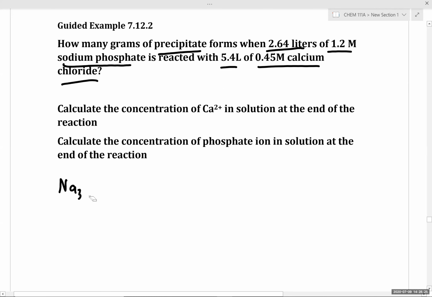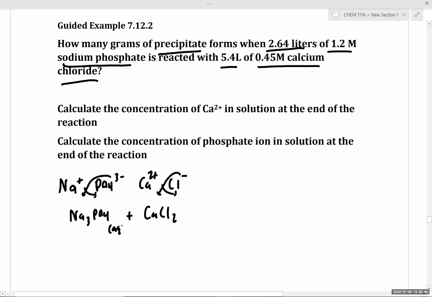So sodium phosphate, I have sodium plus, phosphate is PO4 3-. We cross our charges. That gives us Na3PO4. Calcium chloride, we have calcium 2+ and chloride is Cl-. We cross our charges. That gives us CaCl2. Both of these compounds are aqueous.